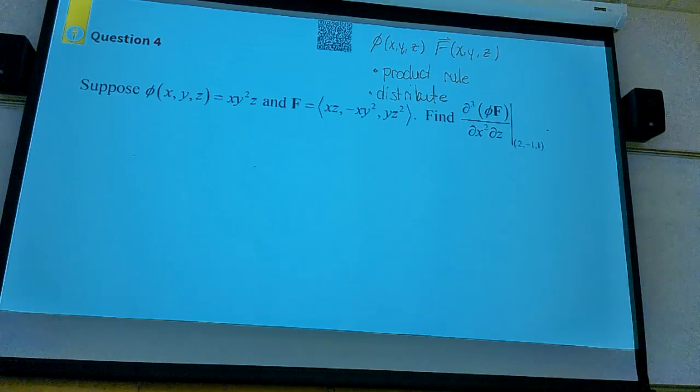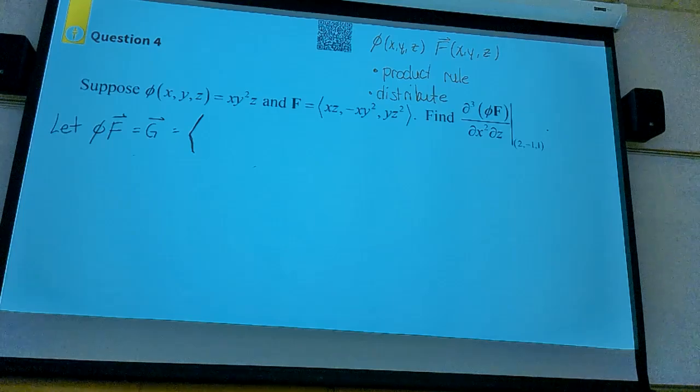I'm just going to perform the actual operation first. Let's call it a new vector. Let's call it G. Again, vector fields are just multivariate vector-valued functions.